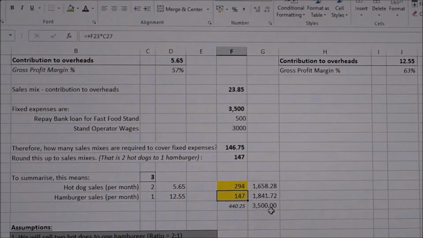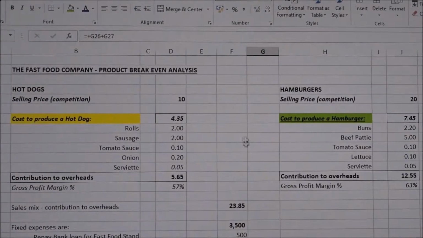So in total, if we sold 147 hamburgers and 294 hot dogs, we would break even in the month. So just to summarize, product break-even analysis is all about your contribution to your fixed overheads once you have paid the cost of the articles that you are producing.